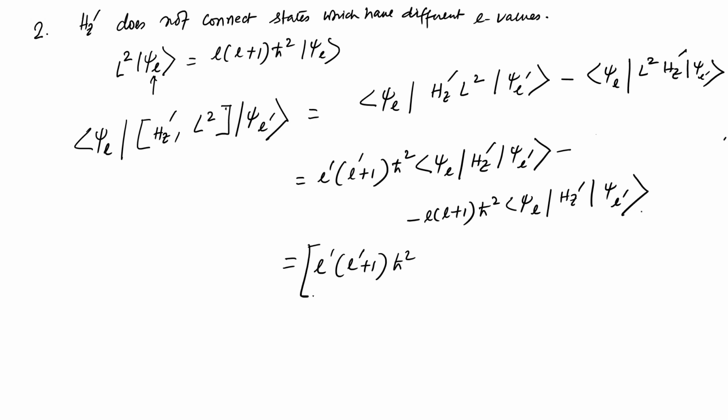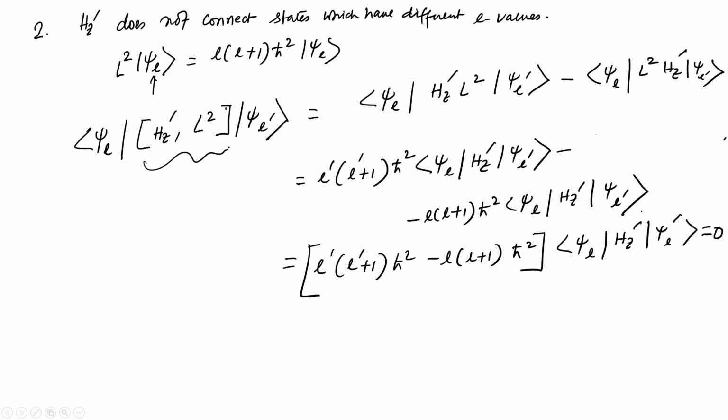And then you have <psi_L| H_z prime |psi_L'>, which is equal to 0. Now, why it is equal to 0 is because this commutes. So, we could have written down the 0 right from the beginning. This commutator between psi_L and psi_L' is equal to 0.